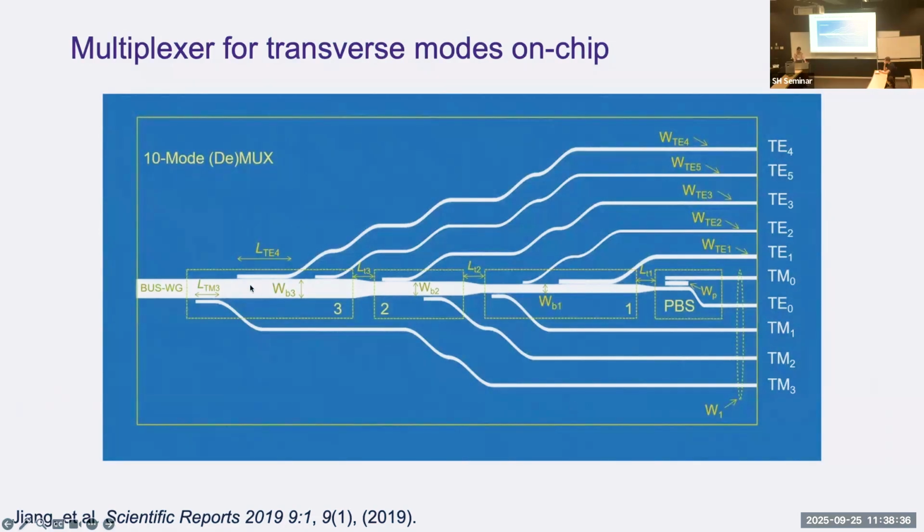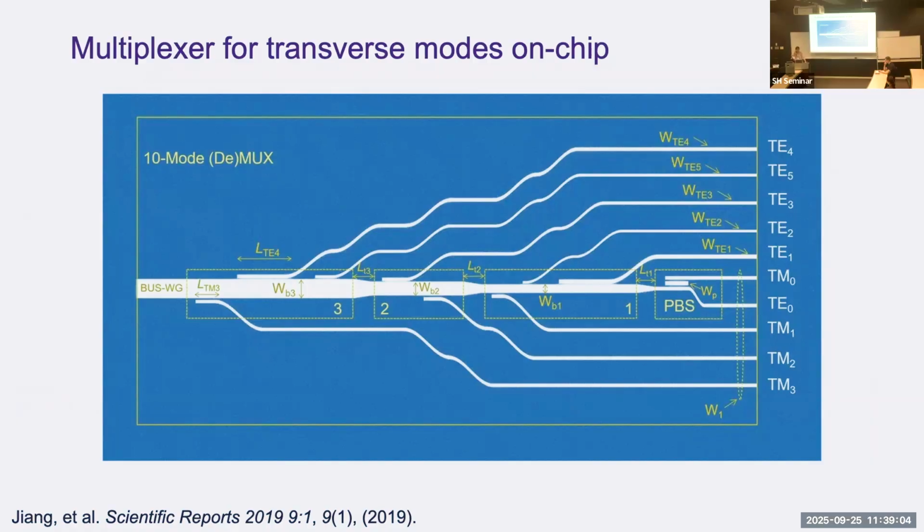With evanescent coupling, you can calculate which modes will go from this waveguide to this waveguide. And then you can vary the distances between the waveguides, the thickness of the waveguides, the bends of the waveguides. There are a lot of parameters that you can change and then simulate whether it's doing the multiplexing for you.